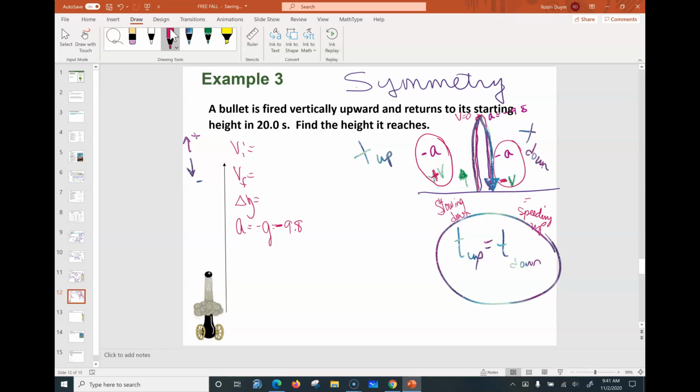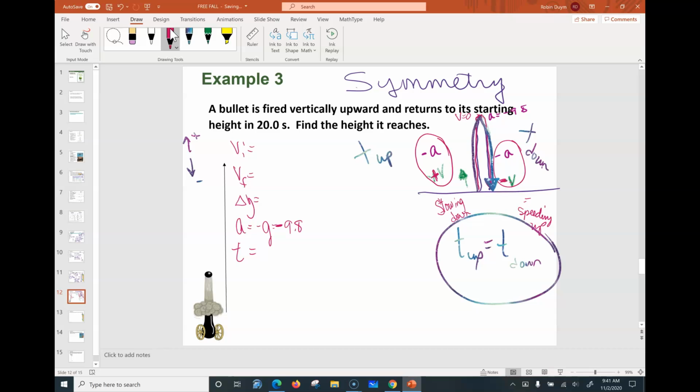Make sure you can tell that's a negative. And then time. So let's fill out what they give us. A bullet is fired vertically upward and returns to its starting height in 20 seconds. Find the height it reaches.